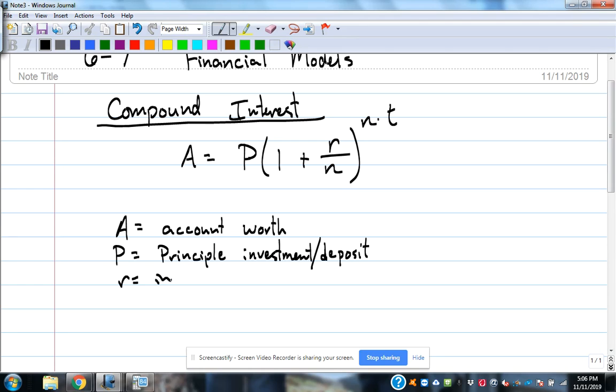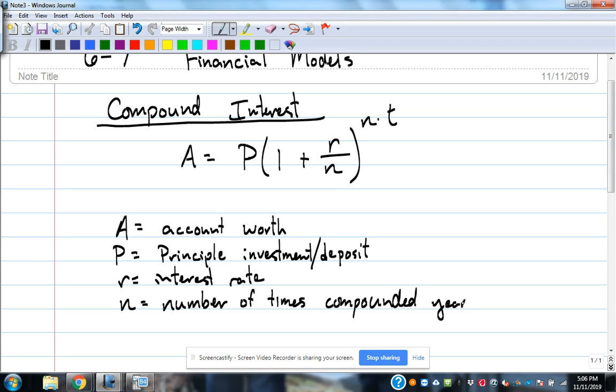R is your interest rate. N is the number of times compounded in a year. Compounded has a U in it. Compounded yearly. And then T is time in years.